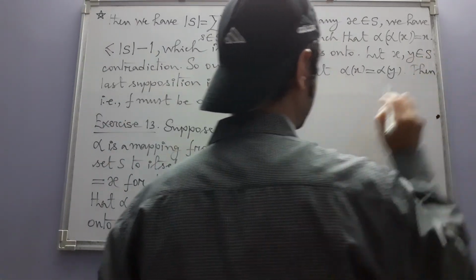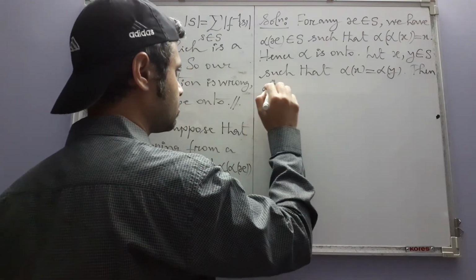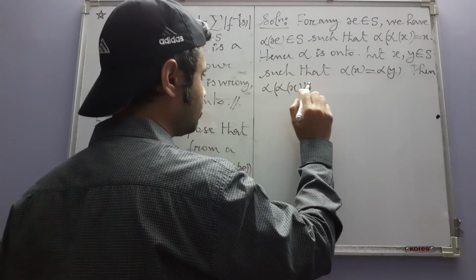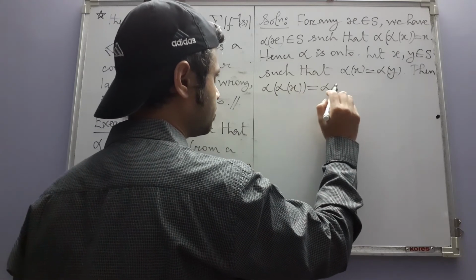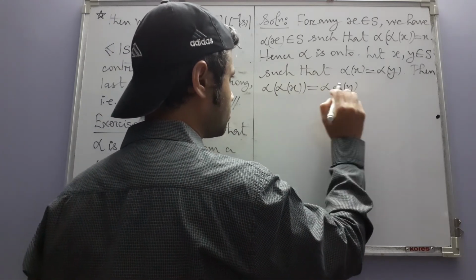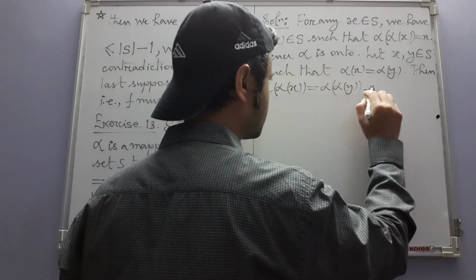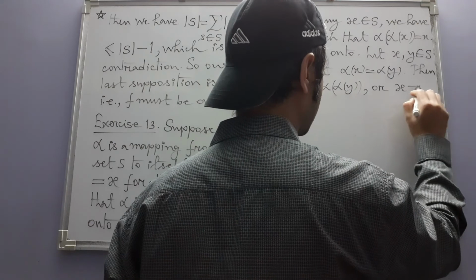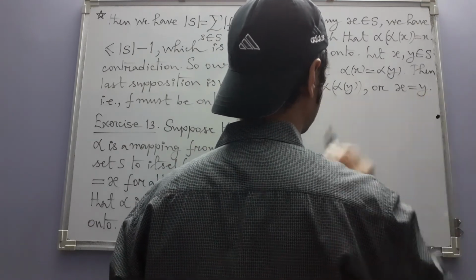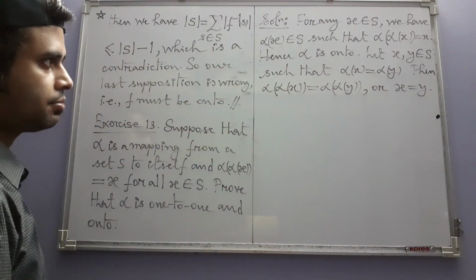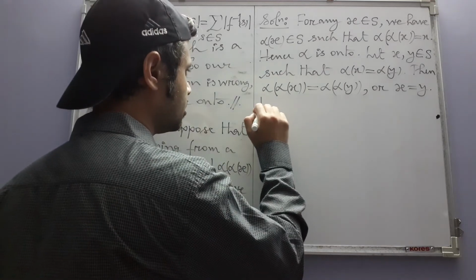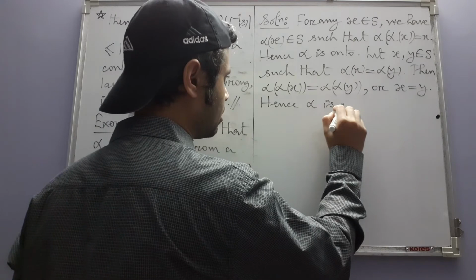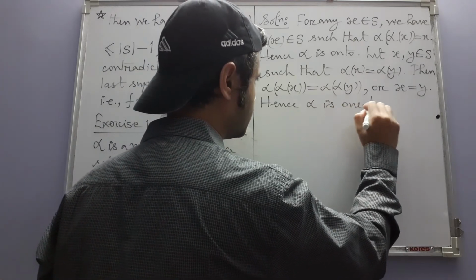Then their alpha images are also equal. But that means that the elements input themselves are equal. Hence, alpha is 1 to 1.